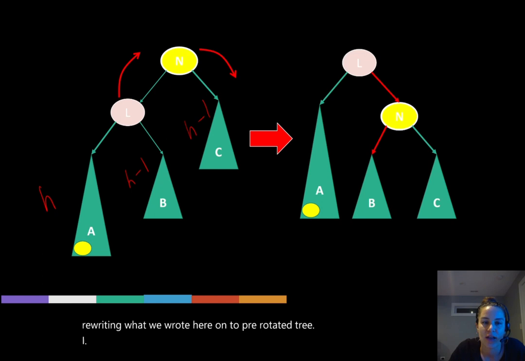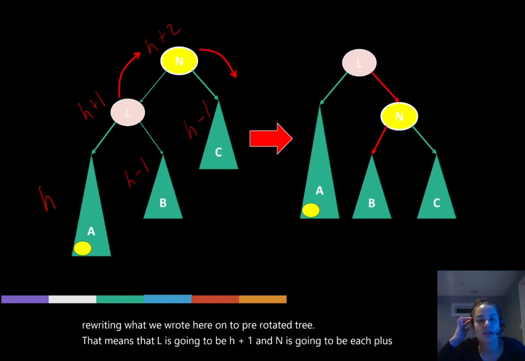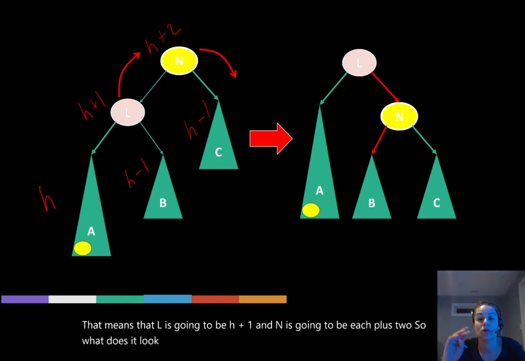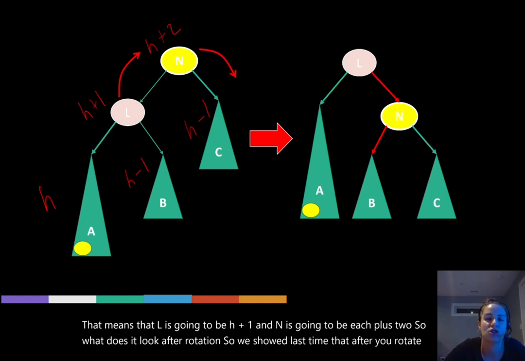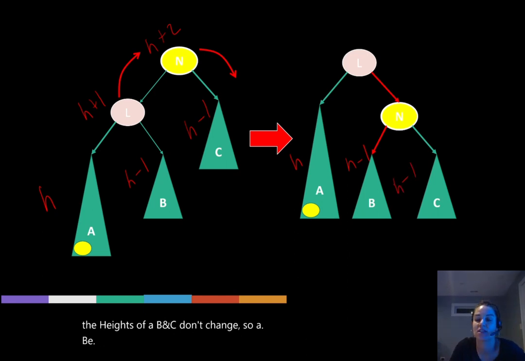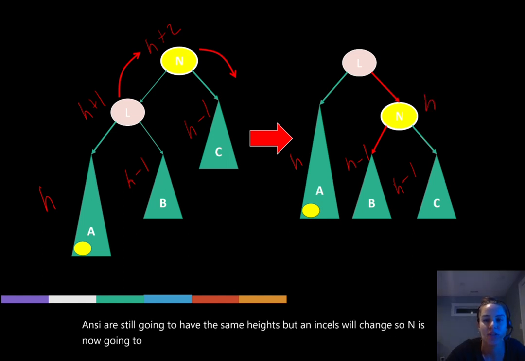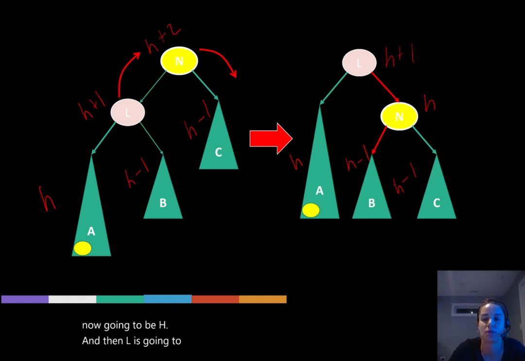That means that L is going to be h plus 1 and N is going to be h plus 2. So what does it look like after rotation? So we showed last time that after you rotate, the heights of A, B, and C don't change. So A, B, and C are still going to have the same heights, but N and L's will change. So N is now going to be h, and then L is going to be h plus 1.